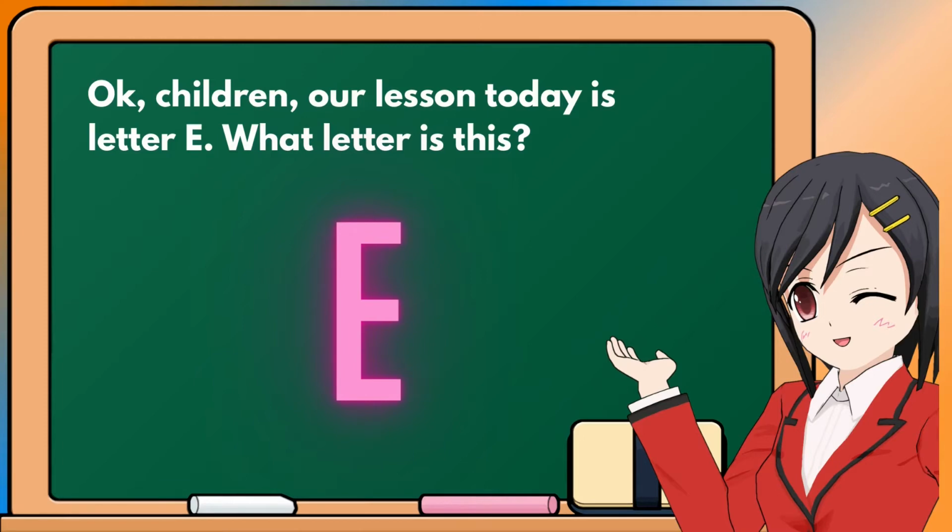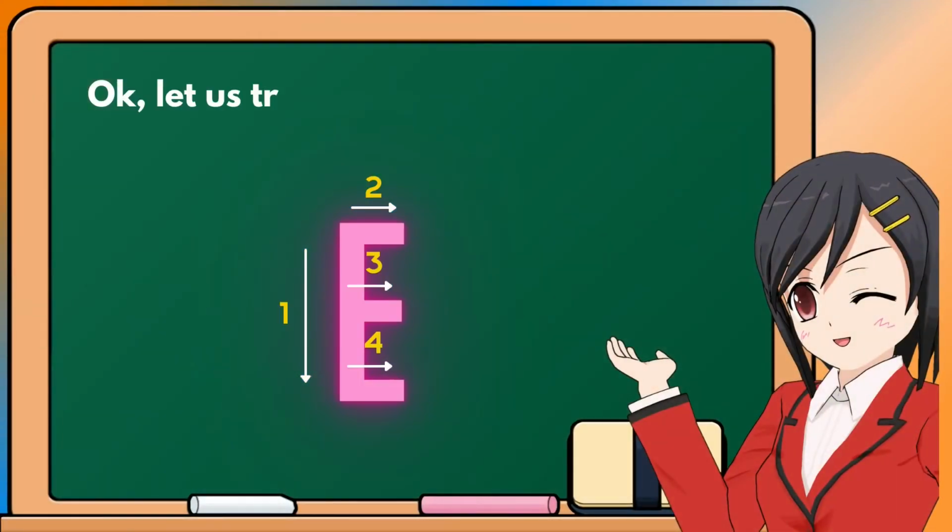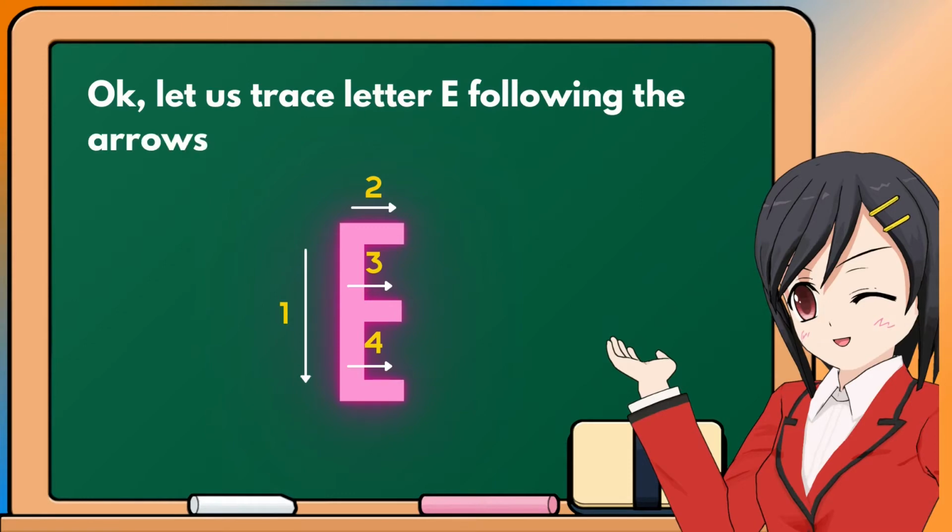Okay, very good. That's the sound of letter E. Okay, let us trace letter E following the arrows. One line going down, one arm going to the right, another arm going to the right, and another arm going to the right.